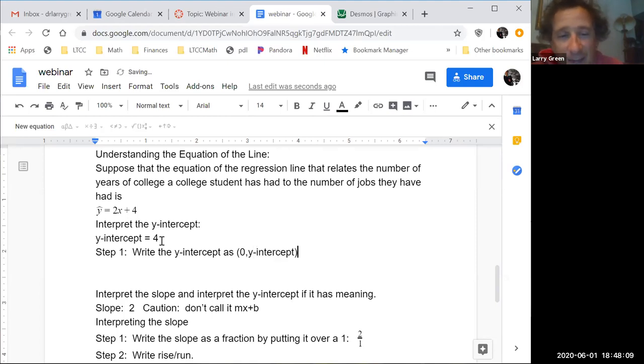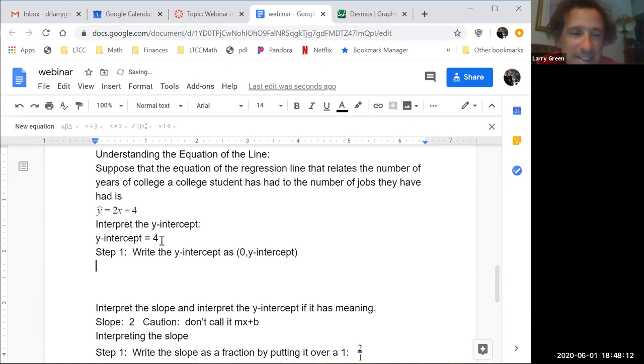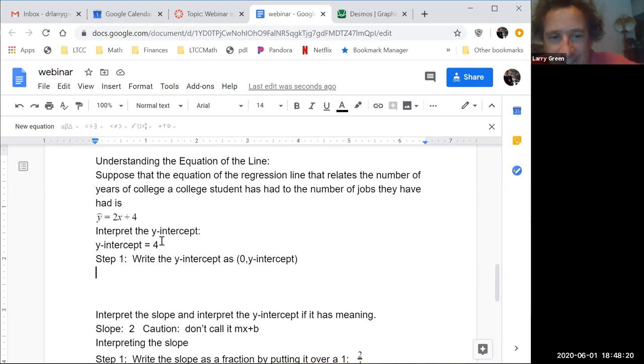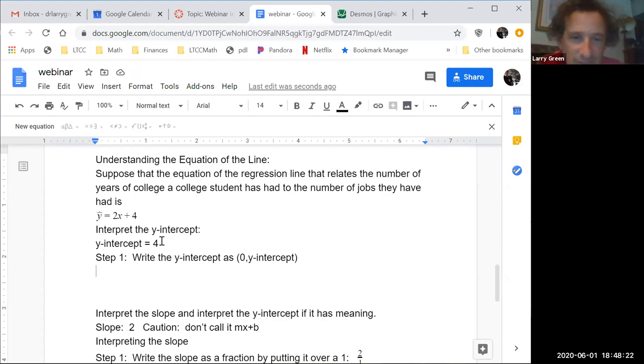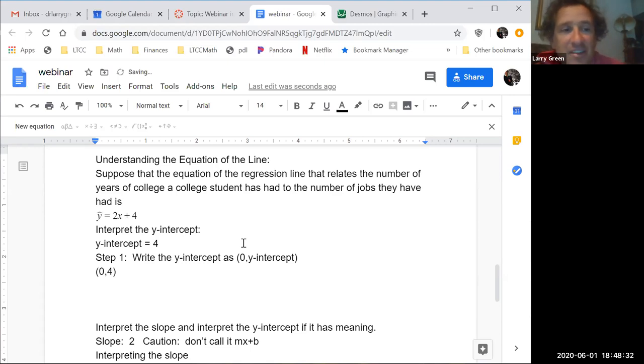Notice I'm not using a letter, because you're going to want to write the y-intercept as b, but that doesn't work when it comes to using statistics. So I'm going to write y-intercept. You can write int if you want. Okay, so in our case, it's 0, comma 4. Any question on step 1?